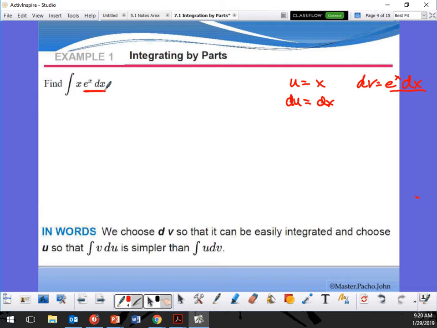I took care of my u, which was my x, and my dv, which I'm trying to get to, was the e to the x dx. So what is the integration of e to the x? e to the x. So v is equal to e to the x plus c, right? Yes.